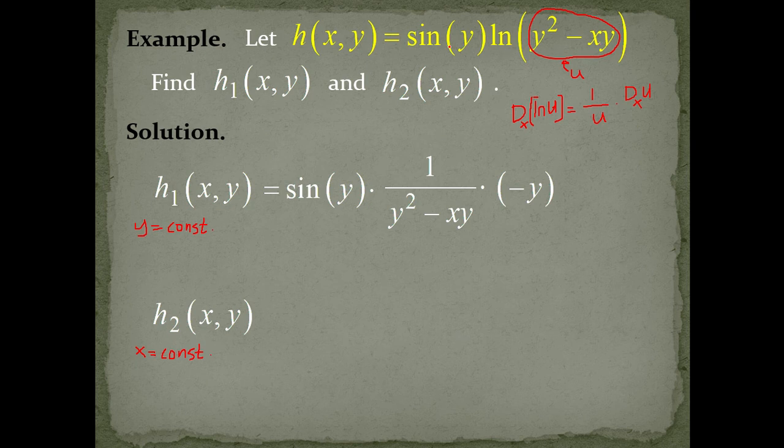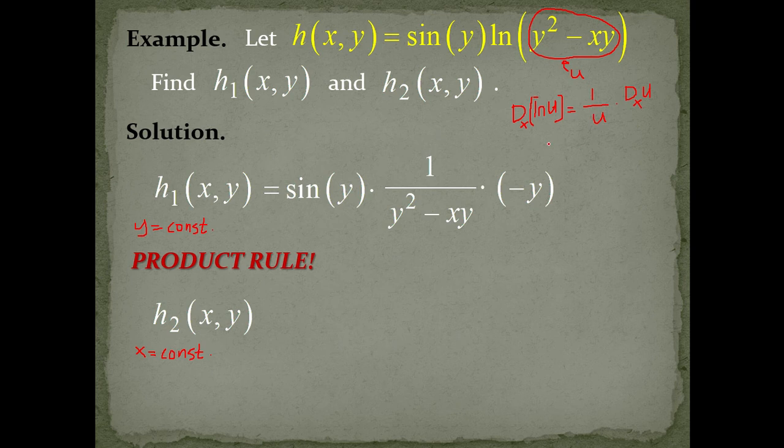Anyway, this is a combination of x and y, so the solution here is that we will use the product rule. So this one and this part here, we have the form of u times v.